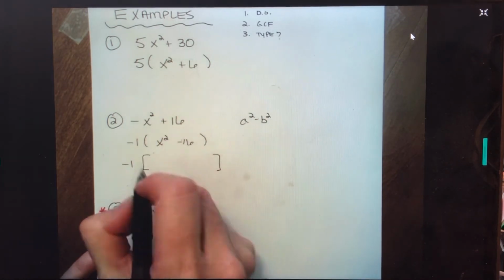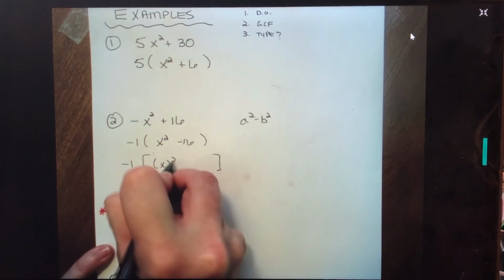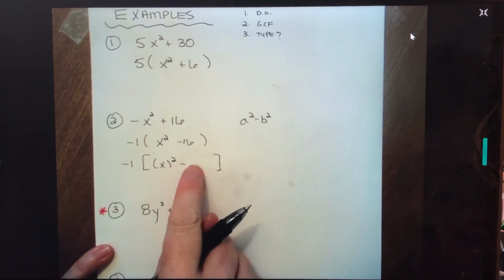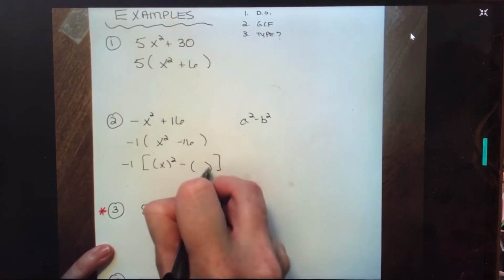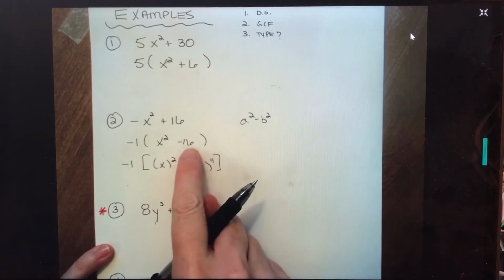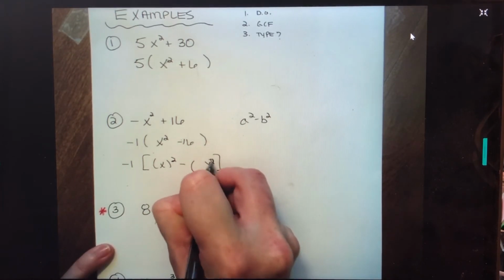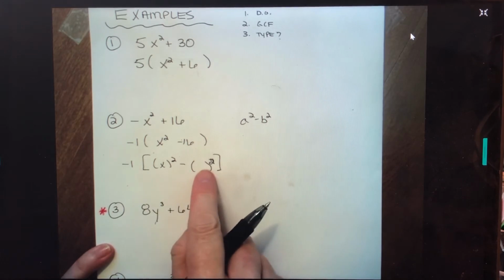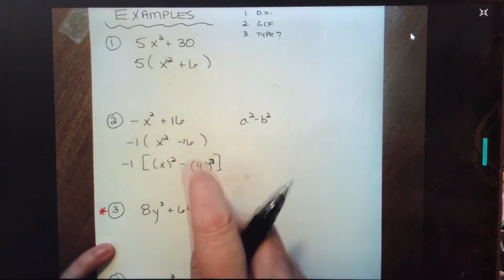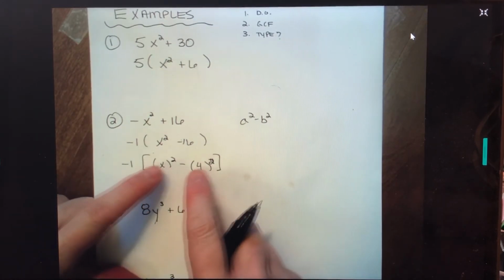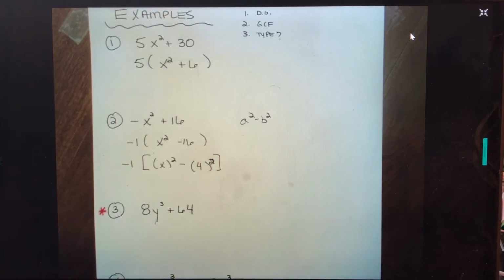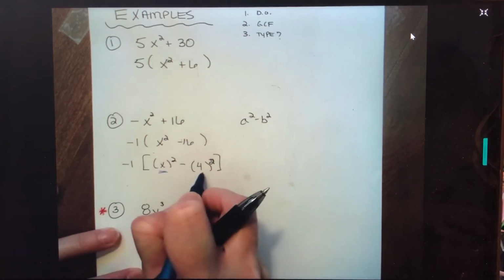Well, here it's obviously the x that has been squared. Here, is this a square? And sure enough, if you take the square root of 16, excuse me, that's supposed to be a 2. The square root of 16, that is a 4. So this is the difference of squares. And this is the a, this is the b.